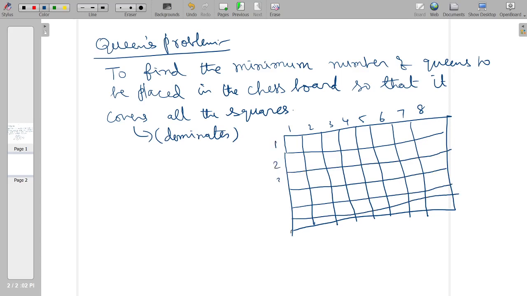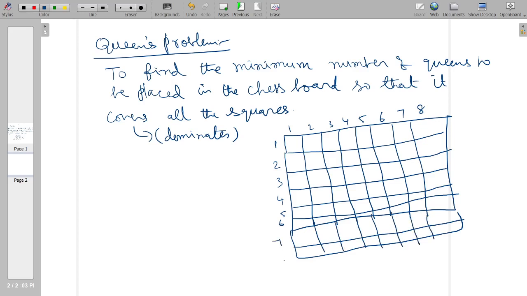Suppose I place the queen here, it would cover these squares, or you have a movement of the queen to any one of the squares wherein I have marked a red tick.